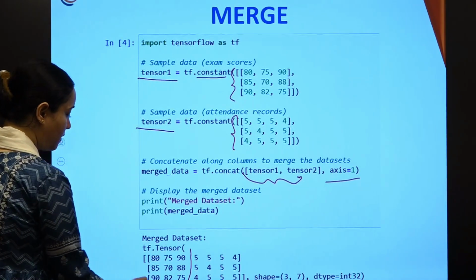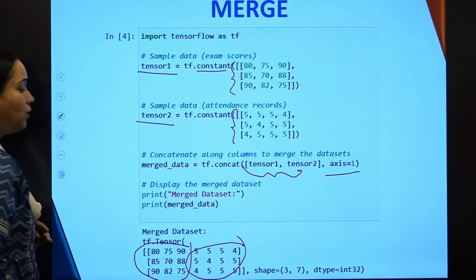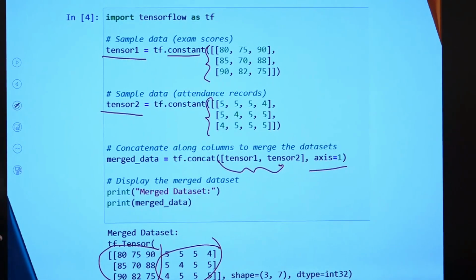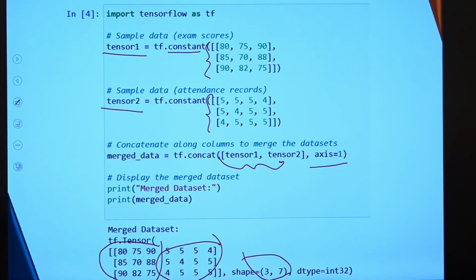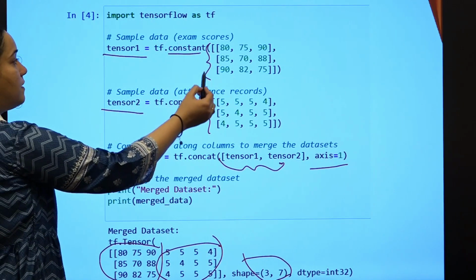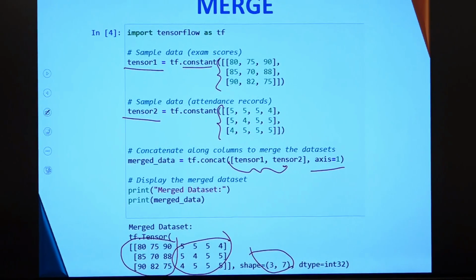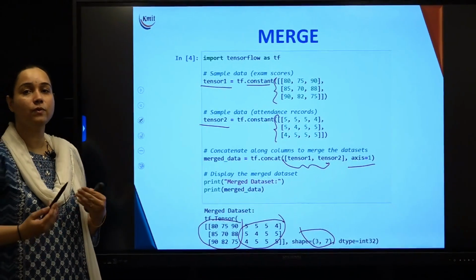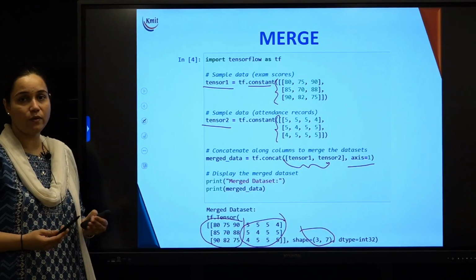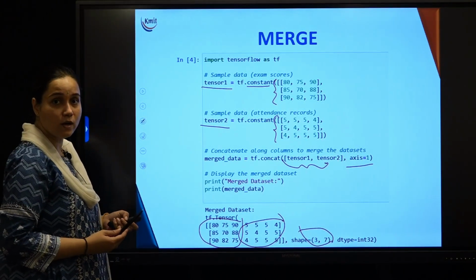Now you can see that first you have tensor 1 and then tensor 2. The resultant shape of the tensor becomes 3, 7. The first 3 columns are exam scores, and the remaining 4 columns are attendance records. Thus merging tensors can help you create a new type of dataset for further analysis. This was one case study where you use merging of tensors.